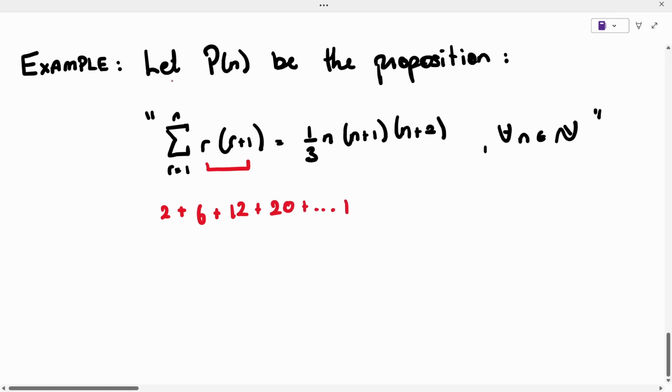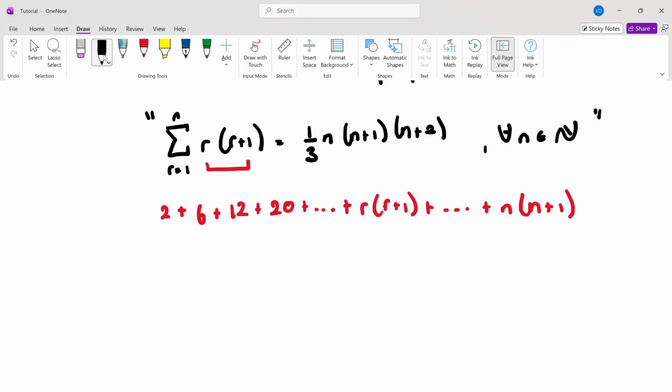And so forth and so forth. Each term is of the form r into r plus 1, right? And we go all the way up to n. So any term that we put in this series looks like this. So let's go ahead with the proof now and see how that could help us.